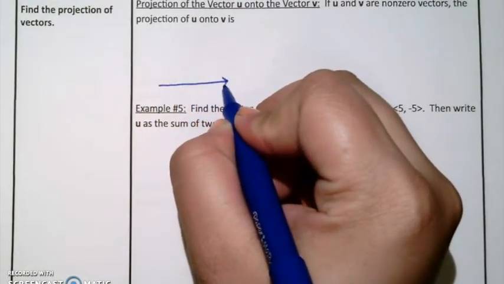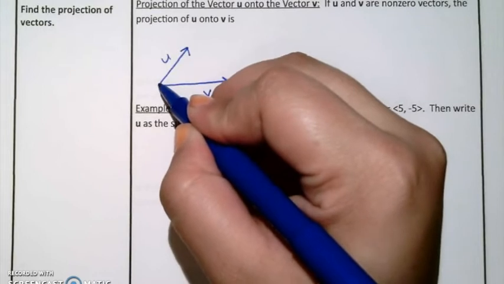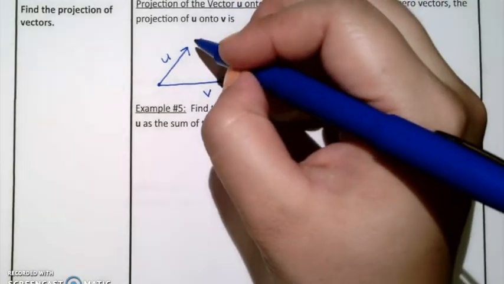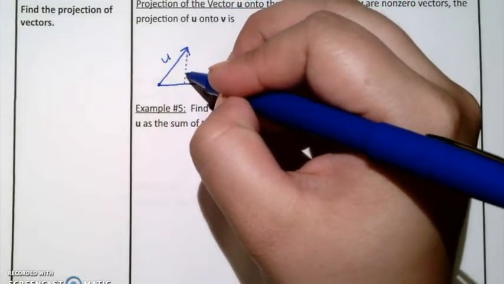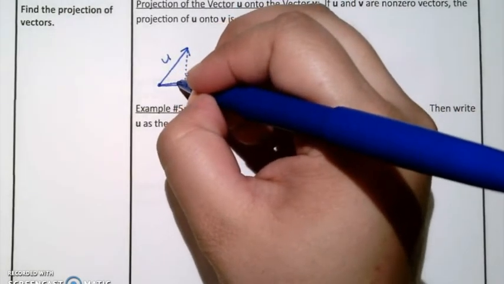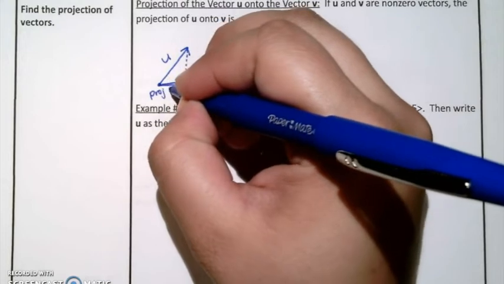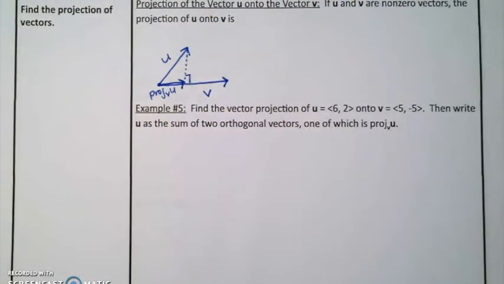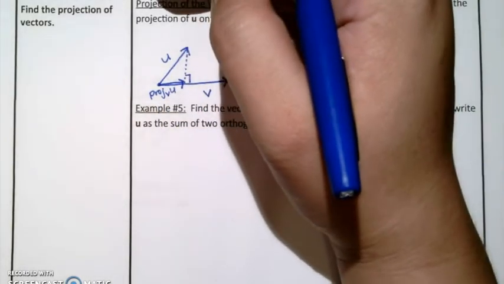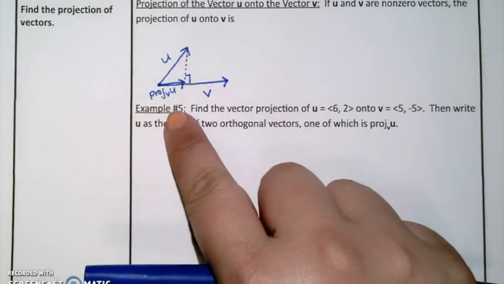If we have here vector v, and here we have vector u, and they have a common initial point, then we draw a line perpendicular to vector v, and this new vector is the projection of u onto v. So it's a projection of u, and it's kind of like a shadow. So if we had a light shining from above u, its shadow would be the projection of u onto v.